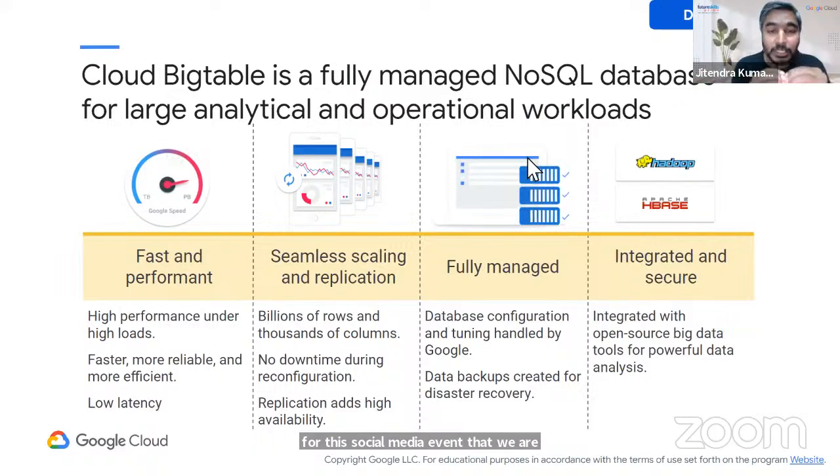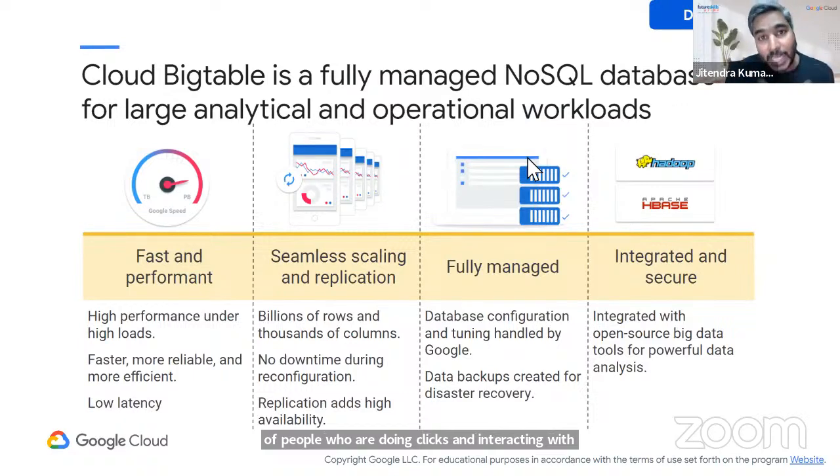Right now, in real time, there could be millions and millions of people who are doing clicks and interacting with that NASSCOM app, right? And backend side, you need a database which can actually do millions of reads and writes per minute without performance tapering out, without any scalability issues, etc., etc. Bigtable is the one database that will definitely give you that edge here, right?